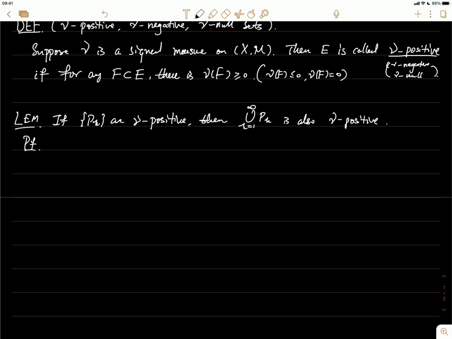Okay? We can say that for any, let's first define this. Again, the increment of the sets, which is defined as pk minus all the previous p.